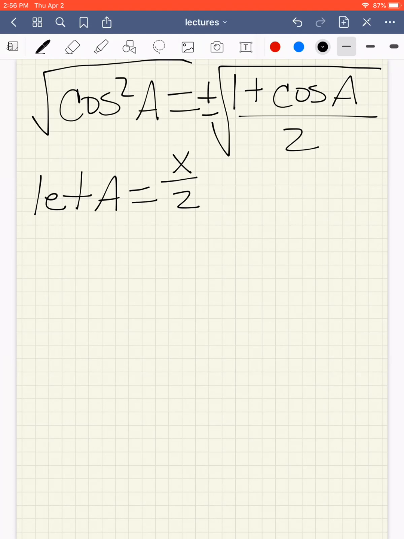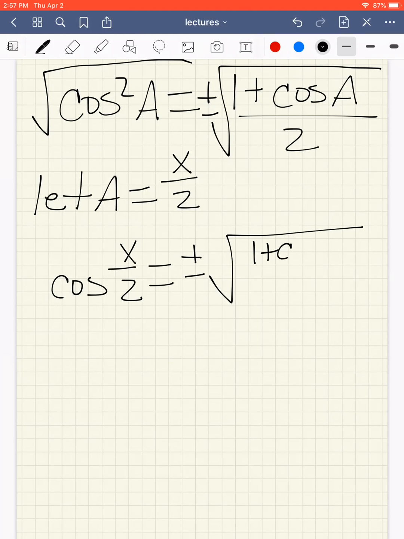And this will be a plus or minus. So the square root of that is cosine of not a but x over 2 equals plus or minus the square root of 1 plus cosine of x over 2, and all of that divided by 2.